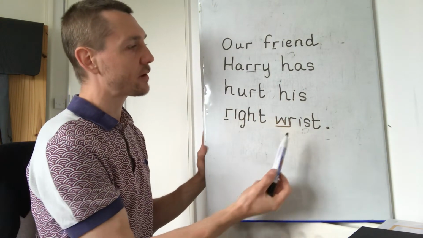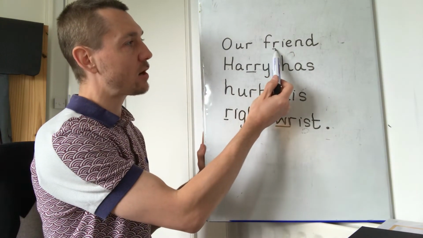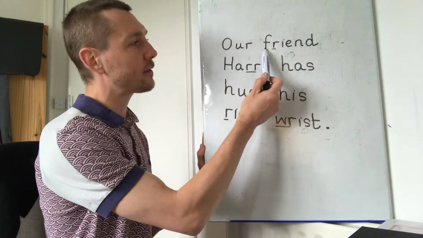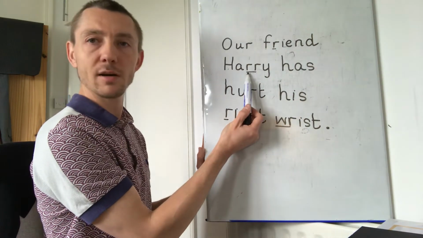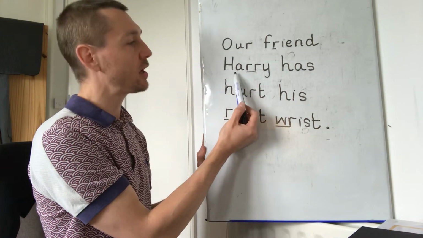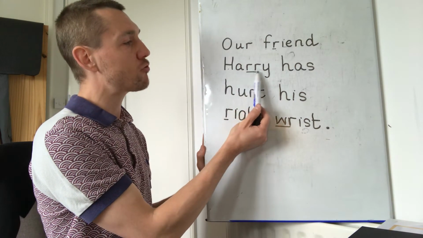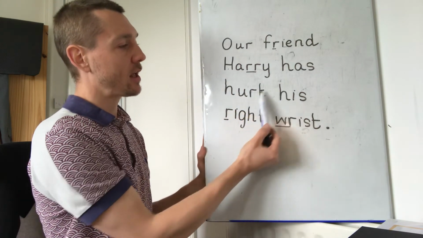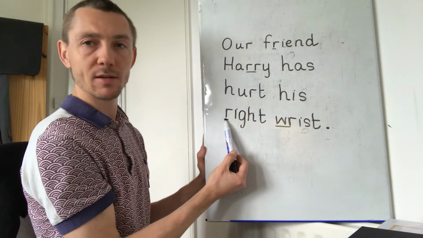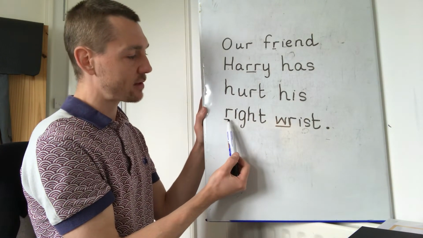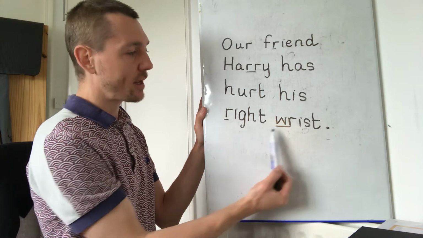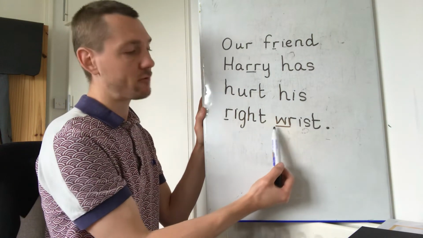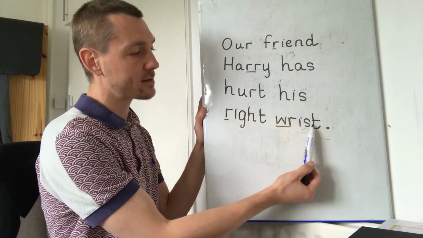We should have the R spelling of the sound in friend, friend. We should have the double R spelling in Harry, Harry. We should have the R on its own spelling again in the word right, right, and the WR spelling in wrist, wrist.